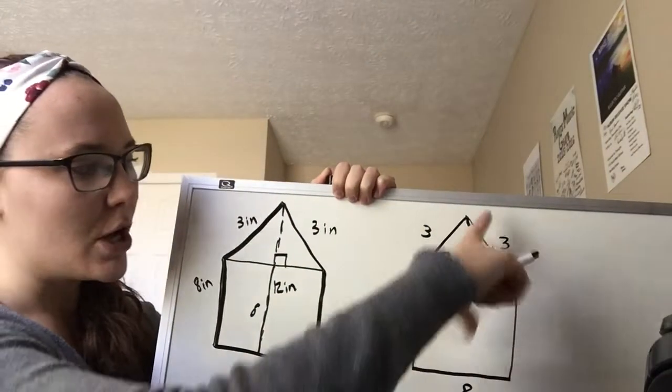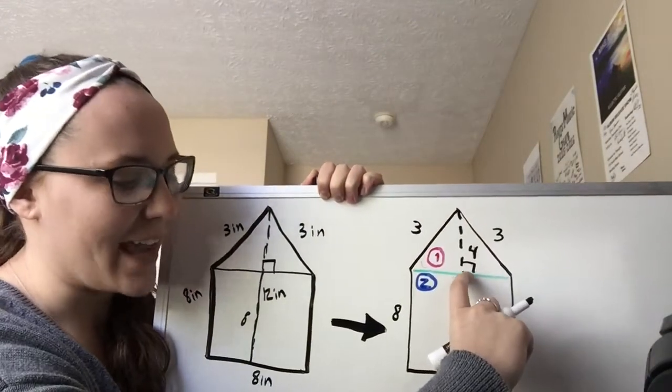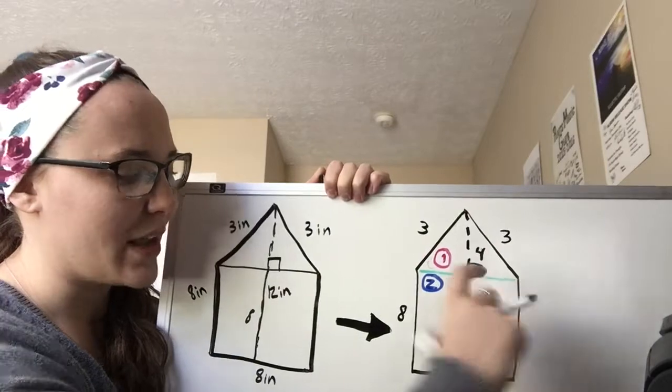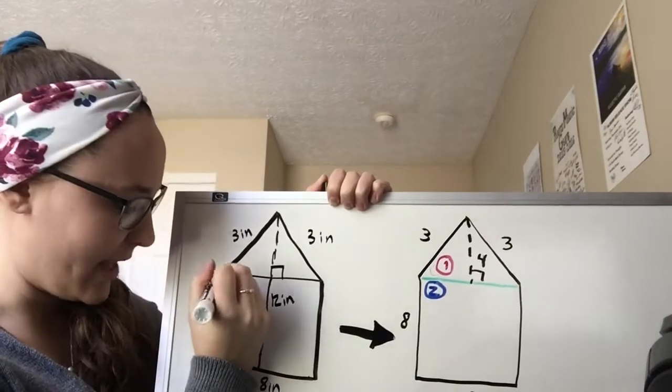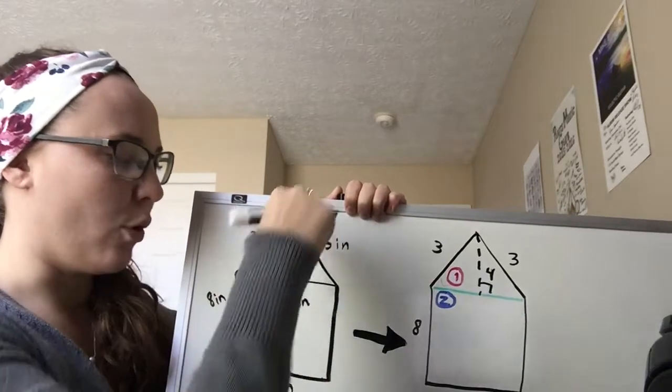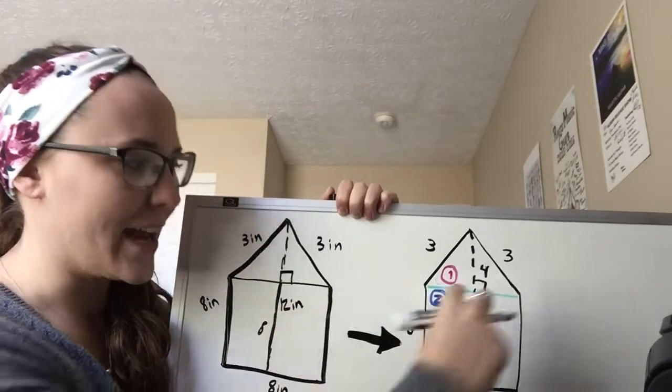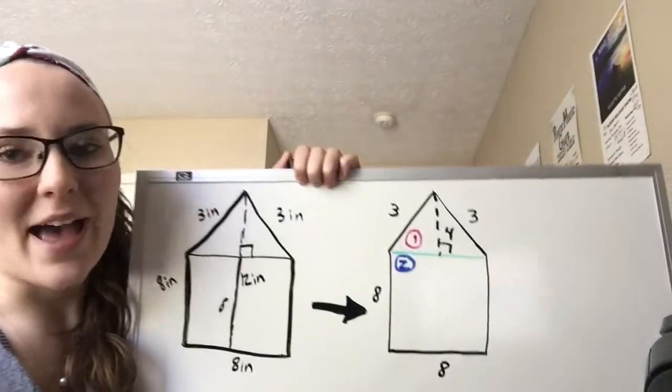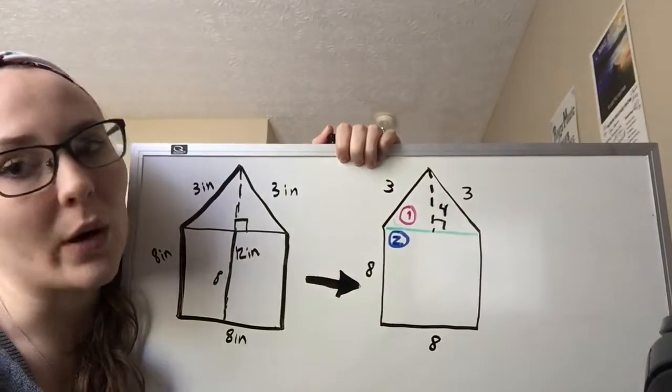Because I would do 12 minus 8 because there's 8 inches right here. It tells us that because this length right here is the same as this length. So if both of these are 8 and the whole thing is 12, 12 minus 8 is 4. So that means that the height of my triangle is 4 inches.